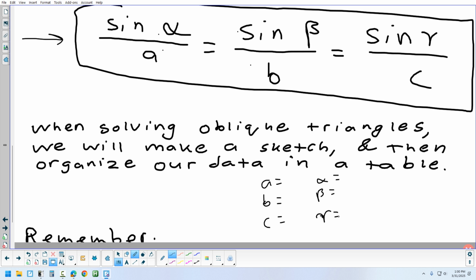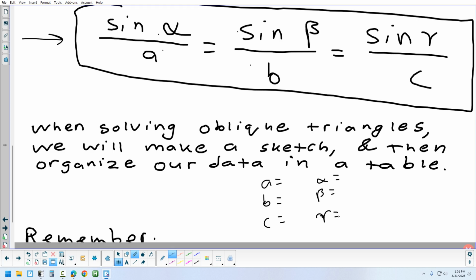You will always be given 3 out of the 6 pieces of information. Then you have to find the other 3. So Pythagorean theorem, nope, can't use that unless you have a 90. If you know your problem has a 90, then you can go back and do it the way I taught you 2 weeks ago.